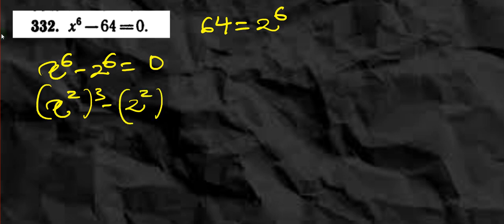We're gonna say that this is x to the power of 2 to the power of 3 here, minus 2 to the power of 2 to the power of 3 equals 0.